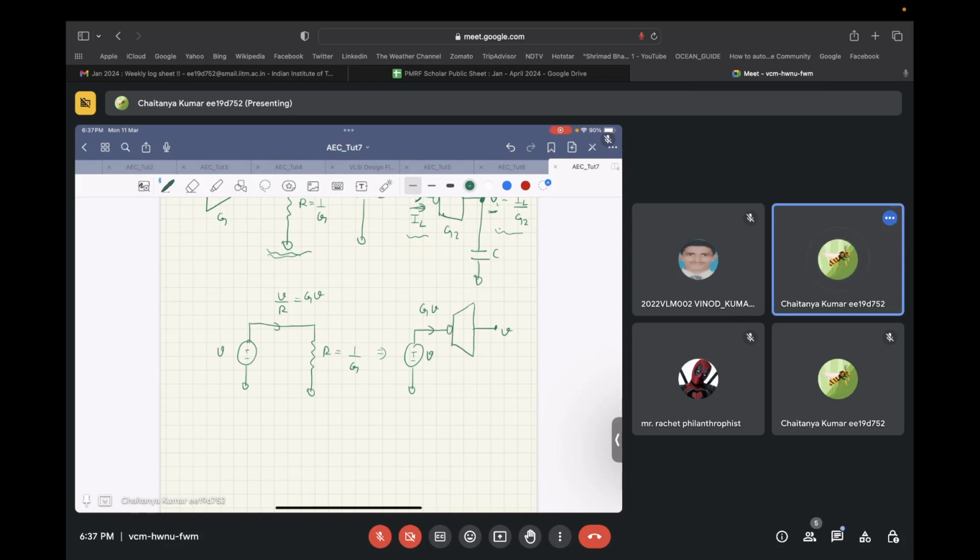Do you understand? Okay, so we want V voltage over here. How can we get V voltage over here?